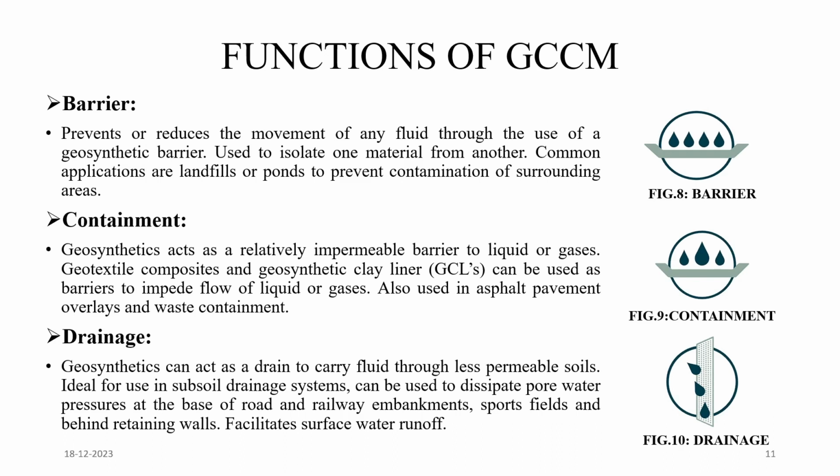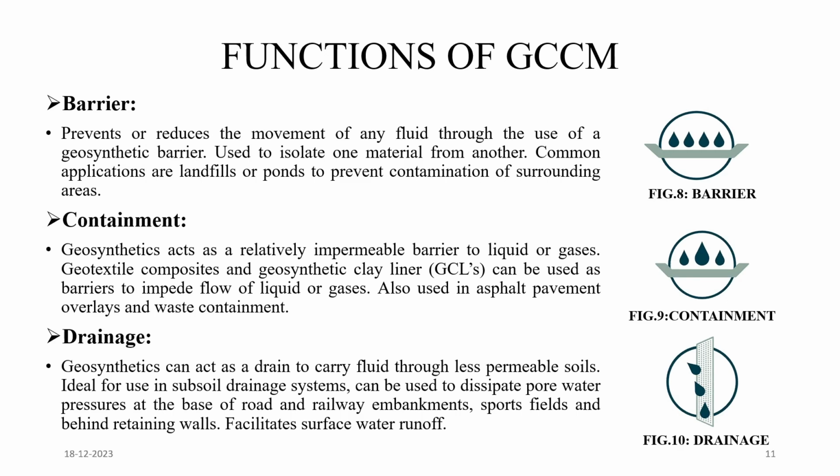Containment. Geosynthetic acts as a relatively impermeable barrier to liquids or gases. A geotextile composite of geosynthetic layer liner can be used as a barrier to impede the flow of gases and liquids. Also used in asphalt pavement overlays and waste containment.